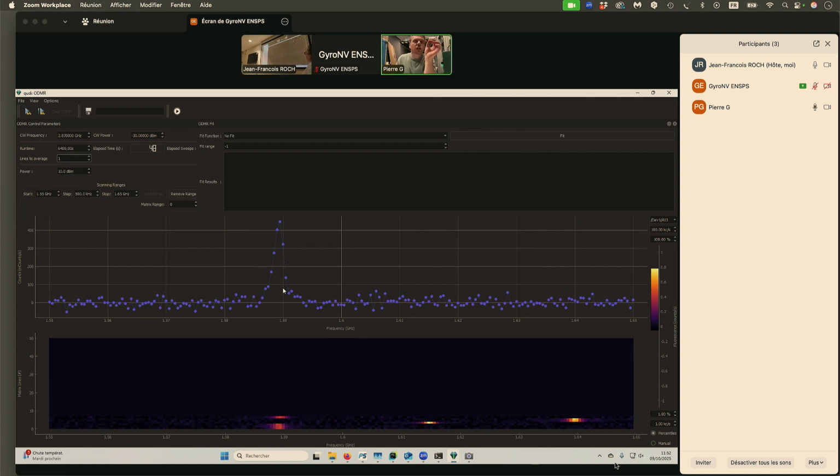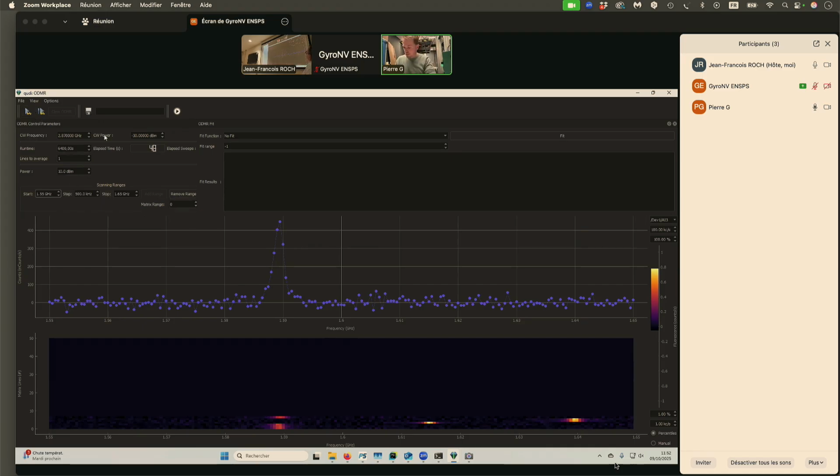Exactly. So now, as you can see, I am at 1.6 gigahertz compared to the 2.7 before. The Zeeman effect is much stronger because we are at higher B fields. And as you can see, we only have one resonance now. So we got rid of two of the hyperfine resonances.